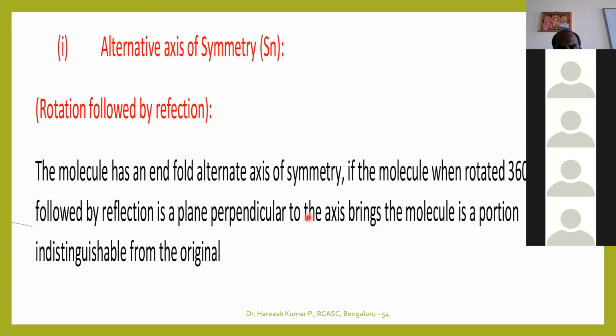So what is the alternative axis of symmetry? It's also called the improper axis of symmetry, and it is also called rotation followed by reflection. So rotation followed by reflection is the process. When a molecule is rotated and reflected, if it gives something indistinguishable from the original, such compounds exhibit an alternative axis of symmetry.